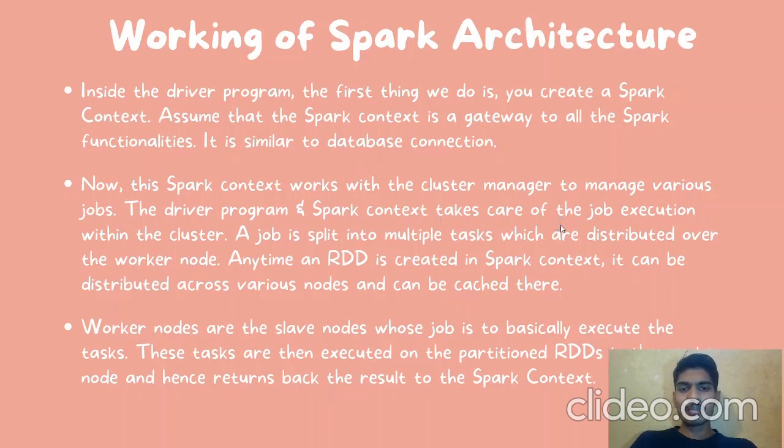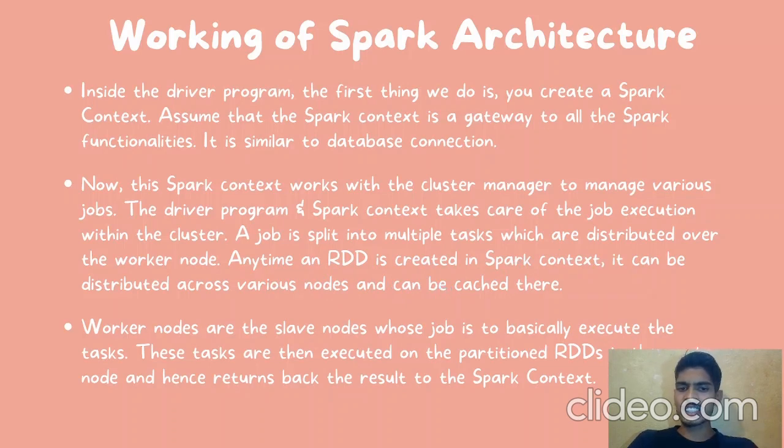Means they both deal with the job execution, that is, how the different jobs will be allocated to the worker nodes and which tasks they will perform. A job is split into multiple tasks which are distributed over the worker nodes. Anytime an RDD is created in Spark context, it can be distributed across various nodes. Means when an RDD is created, it is then split into different tasks.